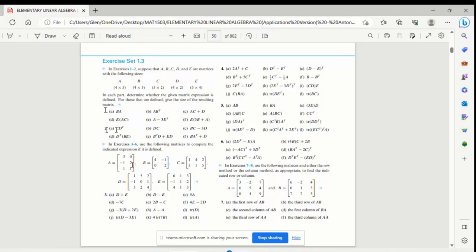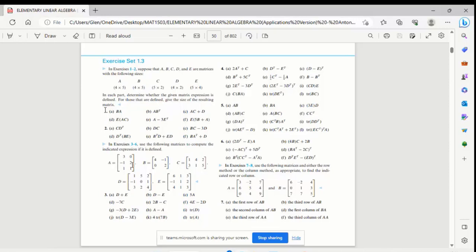Let me give you a typical example. Do you see matrix D in this case? Matrix D, the first row is 1, 5, 2. Do we agree? Now, in D transpose, that 1, 5, 2 is going to be our first column.